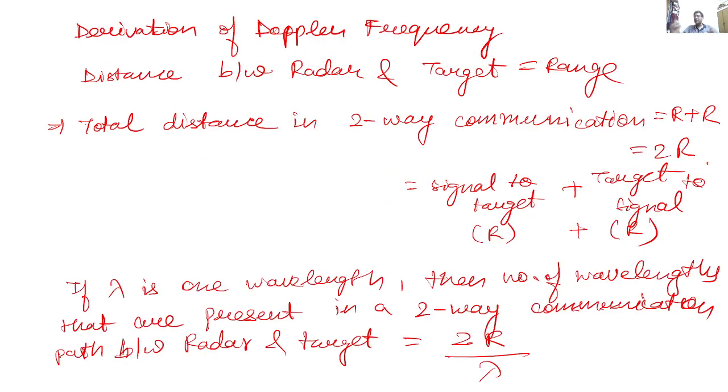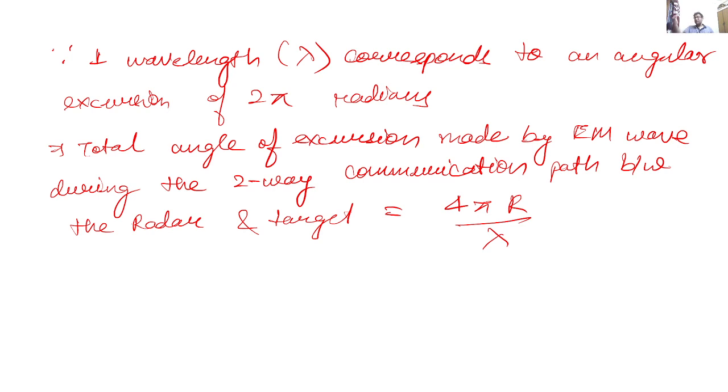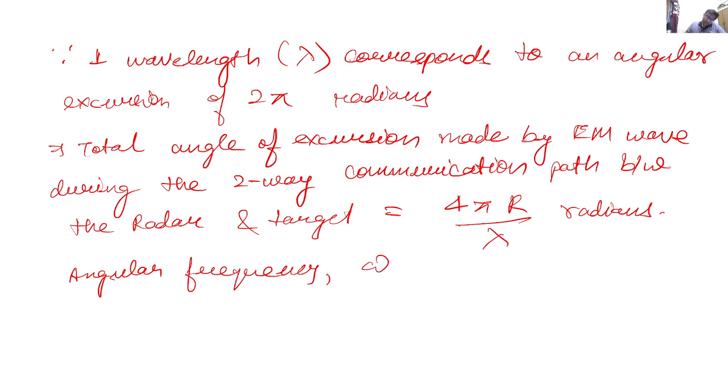It was 2r by lambda, we just multiplied it by 2 pi because in one wavelength it finishes 2 pi. Okay, and that would be in radians. Now we know angular frequency, or omega, can be written as 2 pi f.